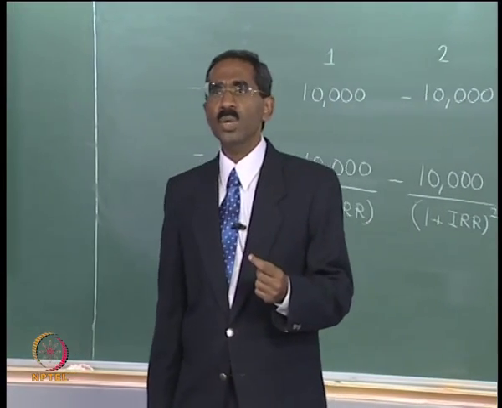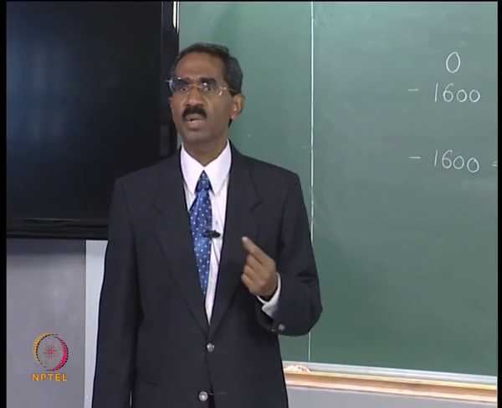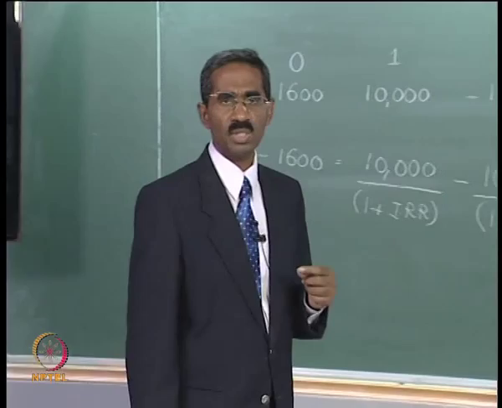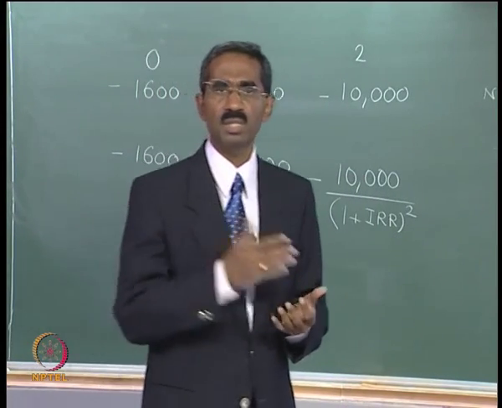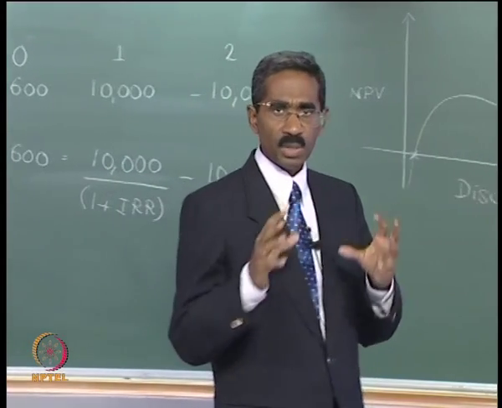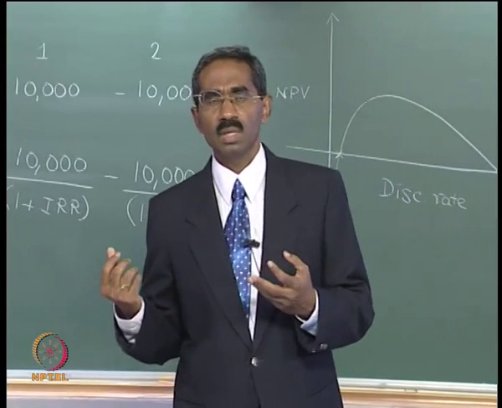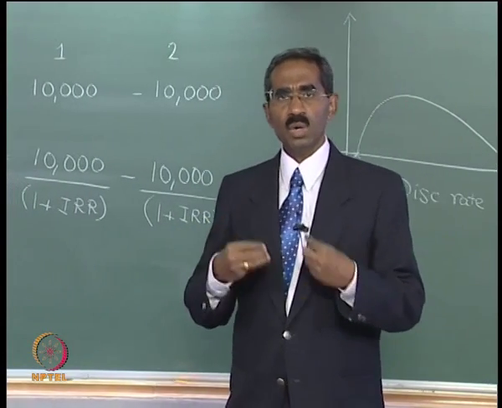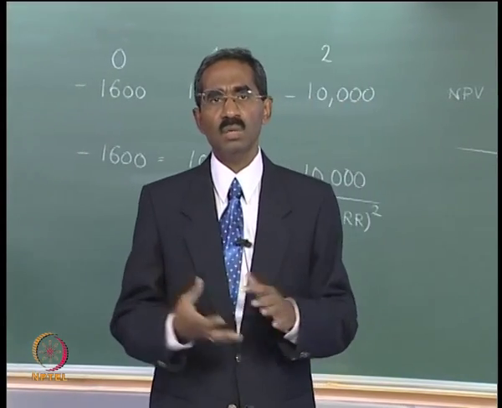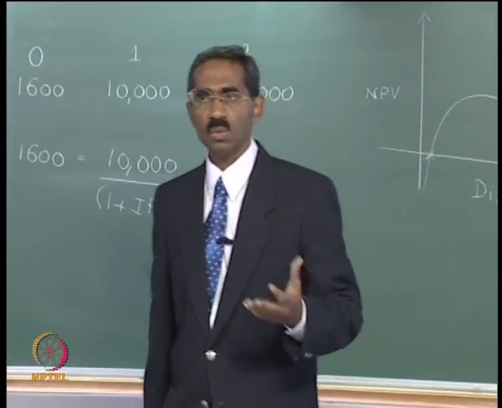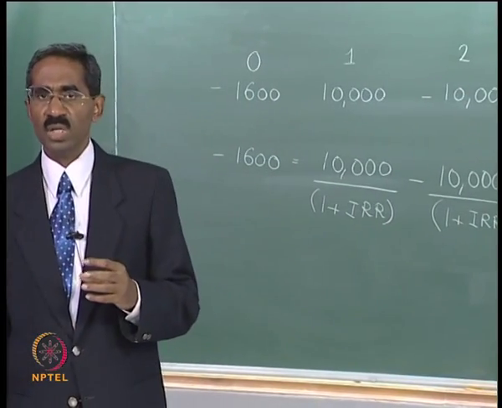Unless we are in a position to invest all the intermediate cash flows also at 15.37%, the project IRR would not be 15.37%, it will be substantially lesser. So if a project has an attractive IRR, let us say 15%, 18%, 20%, we should not take it at face value, because we will be able to realize the IRR of 15% or 18% or 20% only when we are able to reinvest the intermediate cash flows at the IRR rate of return.